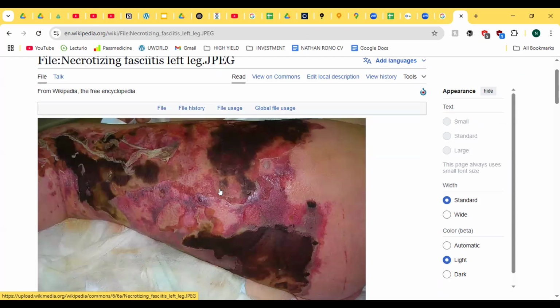So you remember the layers of the skin, we had the epidermis, the dermis, hypodermis. So that's how the skin is going to be destroyed. That is how you expect the skin to be destroyed. Now that's how you differentiate.